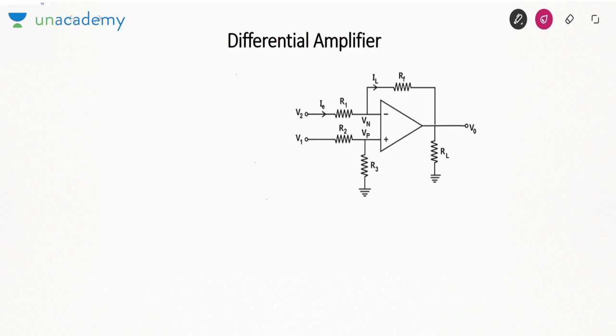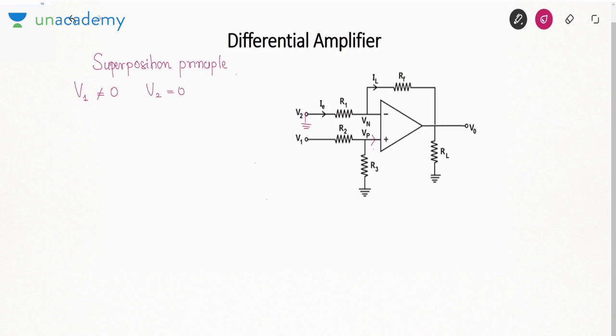So in the differential amplifier, in order to analyze, I'll make use of the superposition principle. First of all, I'll consider V1 is not equal to 0 but V2 is equal to 0, so this will be grounded.